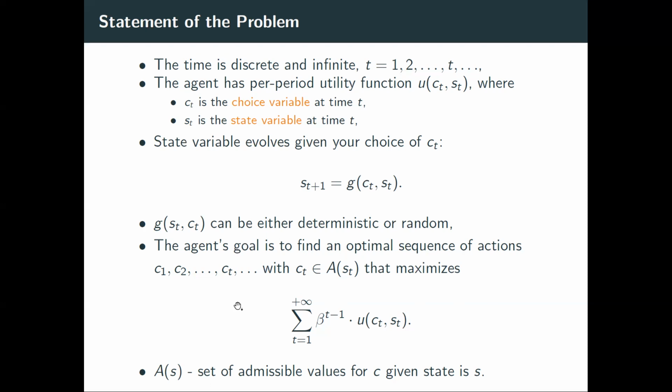So that's your basic goal here. You always want to maximize the discounted sum of utilities under the assumption that your choices today affect the state tomorrow. So that's the basic problem. Do you have any questions regarding the statement of this problem?